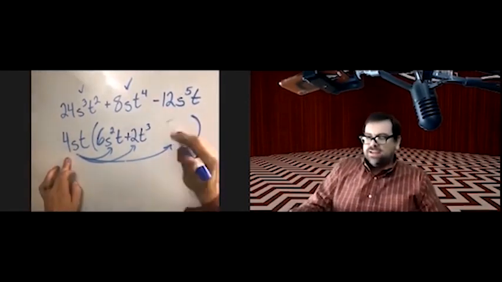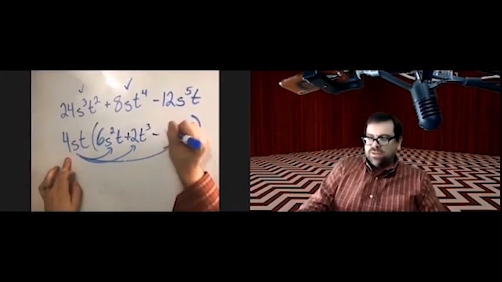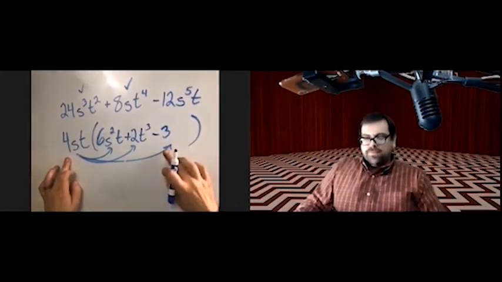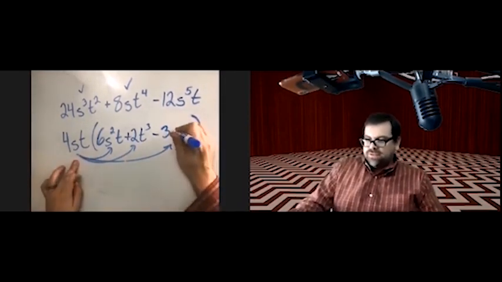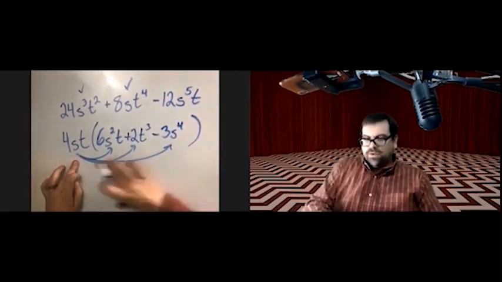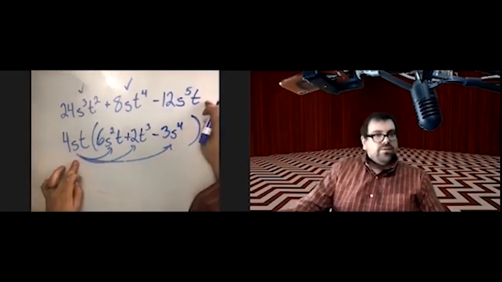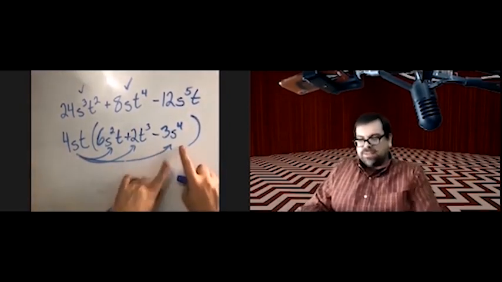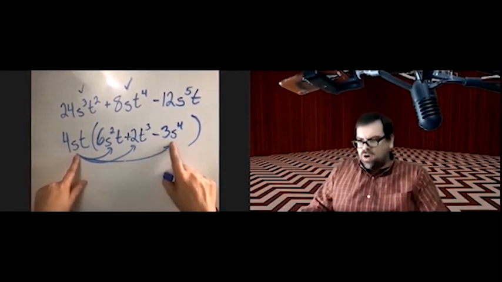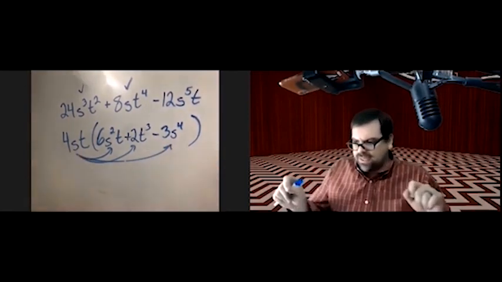4 times what is negative 12? 4 times negative 3. S times what is s to the fifth? S to the fourth. T times, we already have all the t's we need. So just checking, 4st times negative 3s to the fourth, negative 12s to the fifth t.